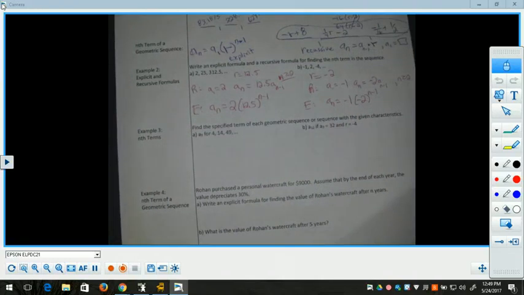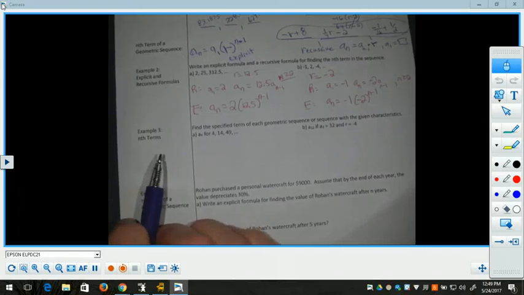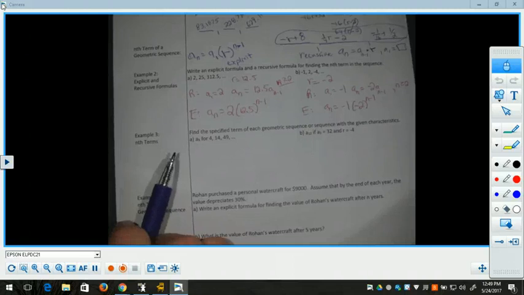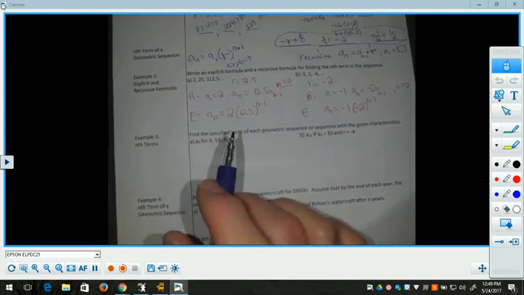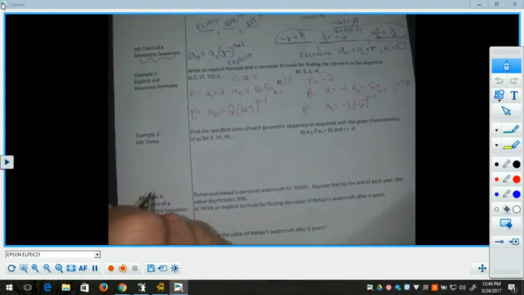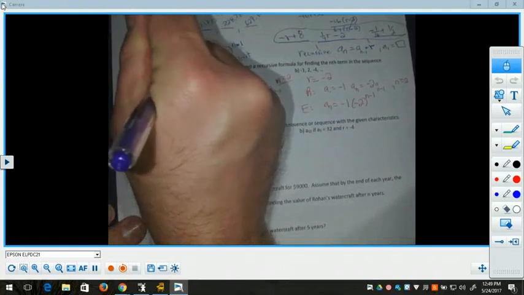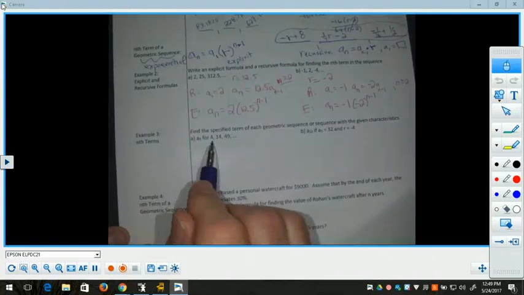Now we're going to do some of the same stuff that we did in 10.2 when we had linear, aka arithmetic, sequences, where we used the arithmetic explicit rule to find specific terms, except now we're going to do the same thing with geometric sequences. Remember that a geometric sequence's explicit rule is an exponential function with an initial amount and a common ratio.